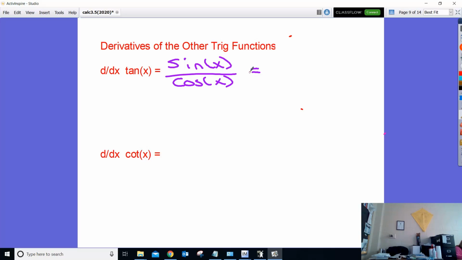So anyways, I had to erase the rule. It's going to start off with cosine of x times the derivative of sine, cosine of x, take away sine of x times the derivative of cosine.